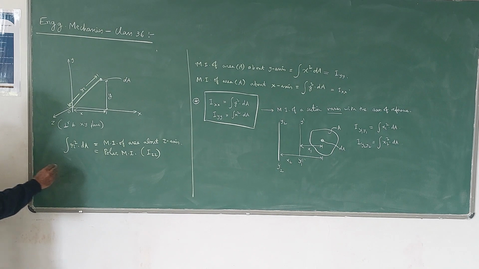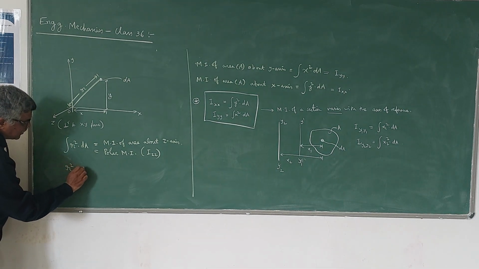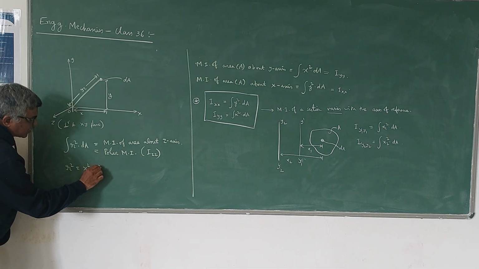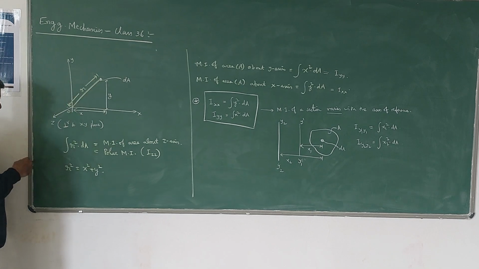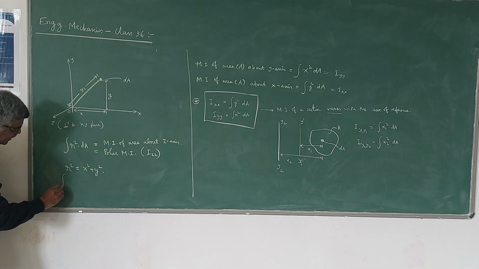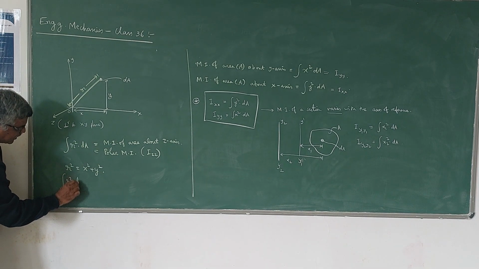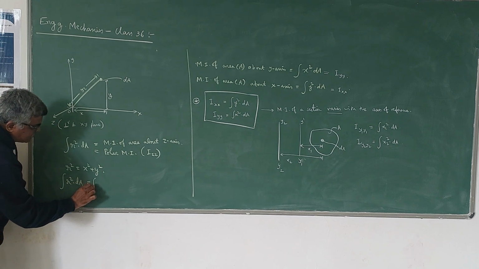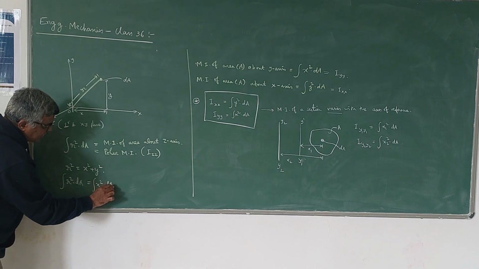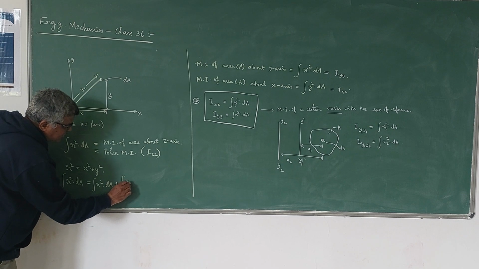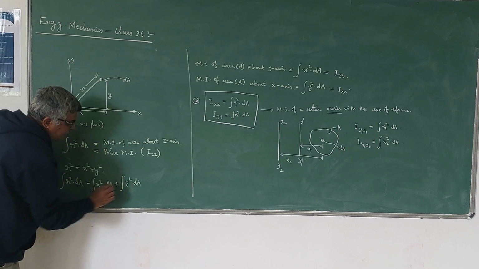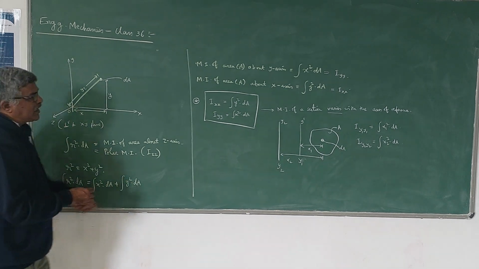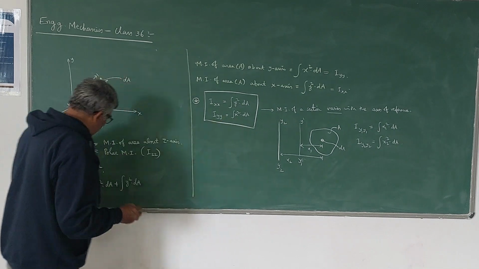Now you know the relationship r square is equal to x square plus y square. From the Pythagoras theorem, you can write that. So if I integrate both sides with respect to dA, it will be something like this: integral x square dA plus integral y square dA. So this integral x square dA, we know that it is Iyy.